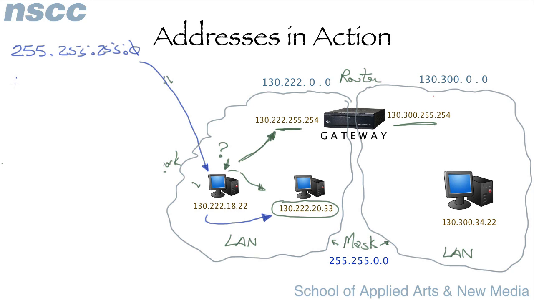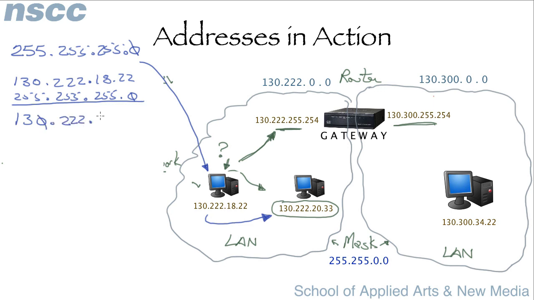So what would happen? This machine would take its own address. It would AND it with the network mask. This network mask, remember, is mistakenly configured. And what it would get is this address.